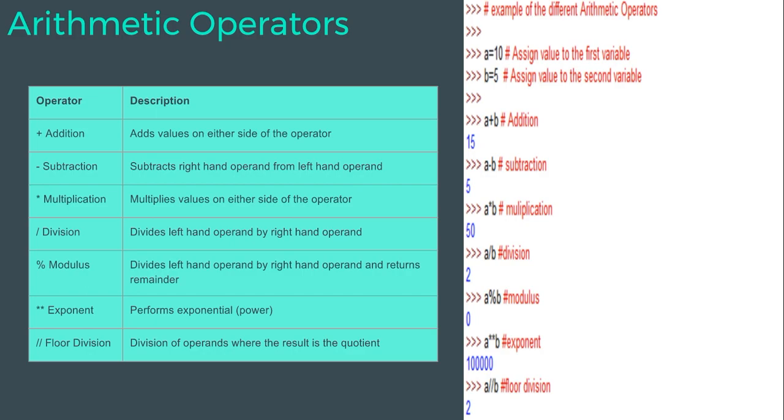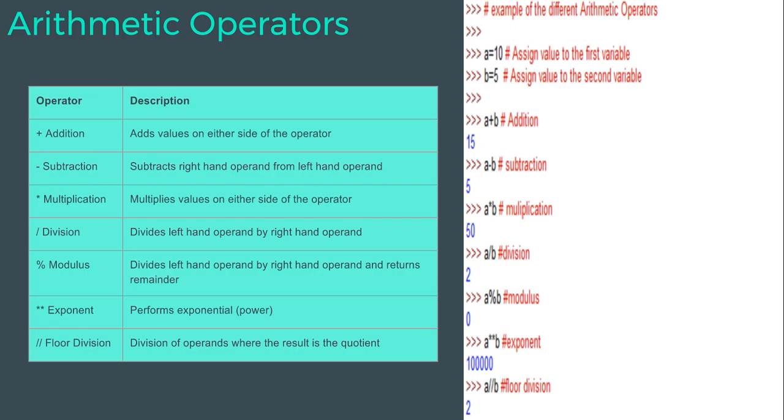The same way, a minus b will perform the subtraction operation, meaning 10 minus 5 is equal to 5. The same way for the multiplication operator, we use the asterisk sign. a into b means 10 into 5 is equal to 50. For the division operator, we write a divided by b, that performs 10 divided by 5, and the answer will be 2.